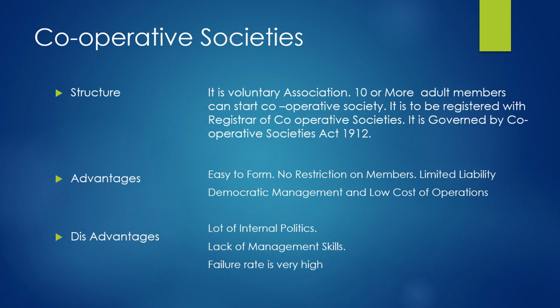That means one member has only one vote irrespective of the capital contribution. And low cost of operations. The main disadvantages are a lot of internal politics because of the number of members, lack of management skills, and the failure rate is very high.